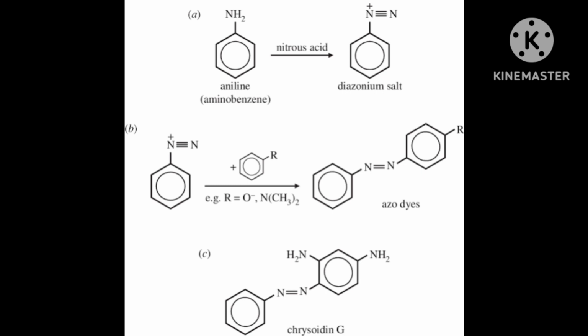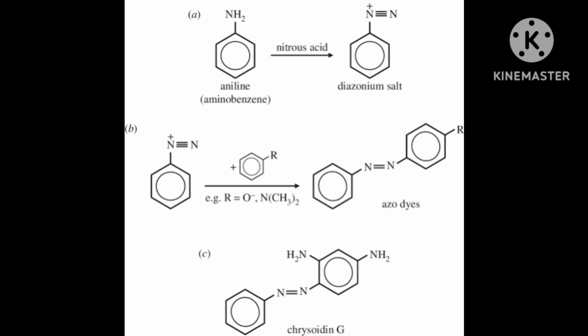The cyano group cannot be introduced by nucleophilic substitution of chlorine in chlorobenzene, but cyanobenzene can easily be obtained from diazonium salt. Thus, the replacement of the diazo group by other groups is helpful in preparing those substituted aromatic compounds which cannot be prepared by direct substitution in benzene or substituted benzene.